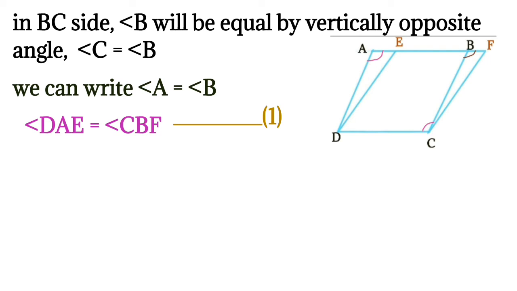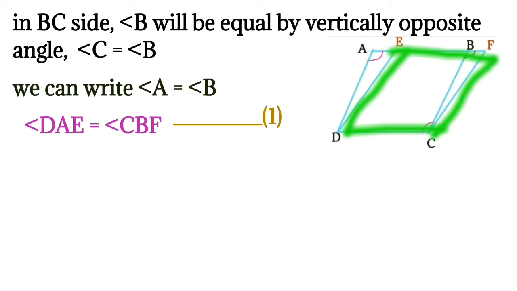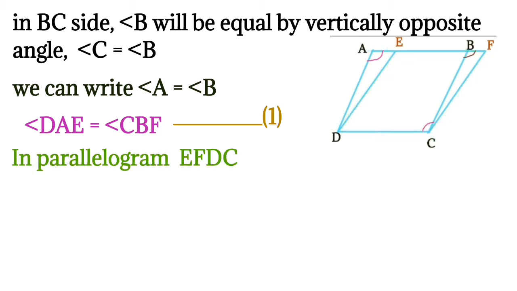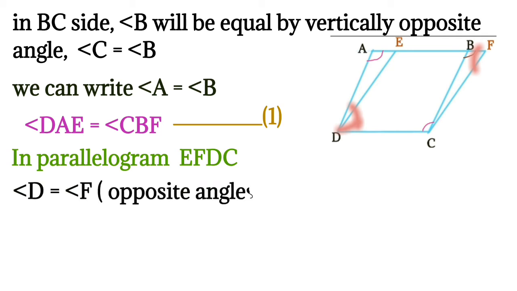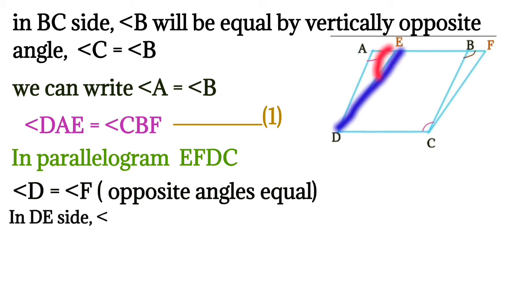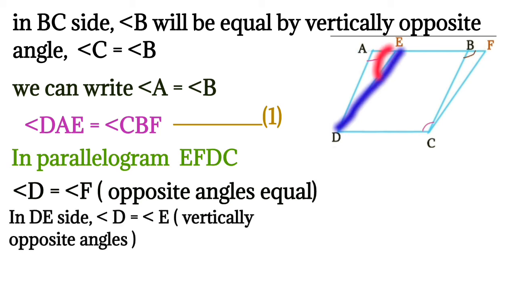Now next we have to prove angle E is equal to angle F. So see here, EFCD is also a parallelogram. There also we can use the property of parallelogram, that is opposite angles are equal. If we take angle D and angle F, then see the side DE, we get angle E also equal because of vertically opposite angles.